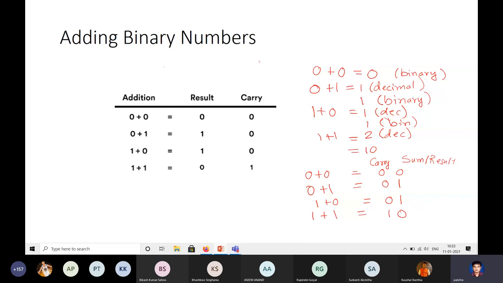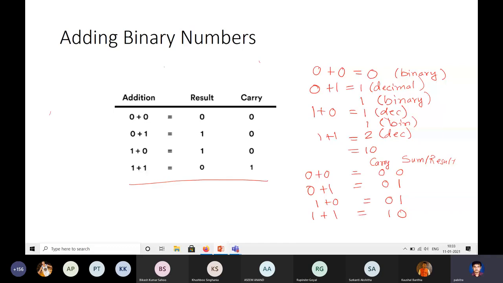So this I have written down here. Okay. Well, it looks like a truth table. I will see how to use this truth table later. Okay. So this is about adding a single digit.